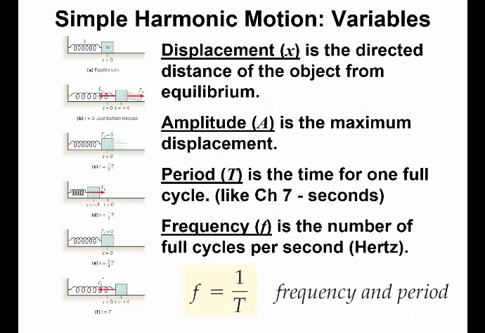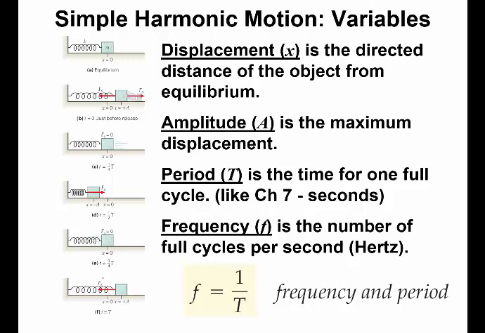So let's recap some of our new terms, variables. We have displacement, it's x. We've talked about displacement since chapter 1. Amplitude is the maximum displacement, so how much we stretched it initially, and then when we release it, it will go that same amount of amplitude to the left of our equilibrium point, where they labeled it minus A. Our period is the time for one full cycle, just like chapter 7, and it'll be in seconds.